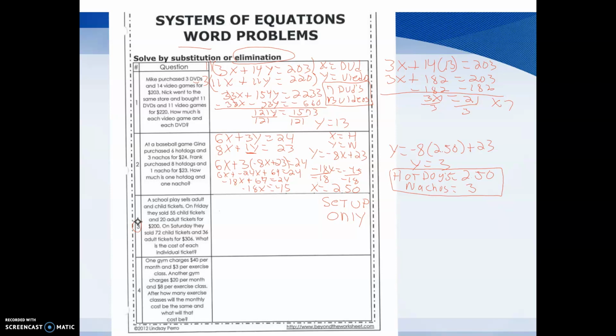Okay, so I called x the adult tickets. All right, so x are my adult tickets, right? And then y is going to be my child tickets.